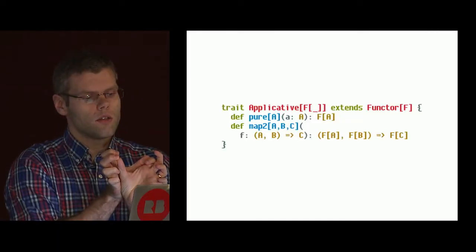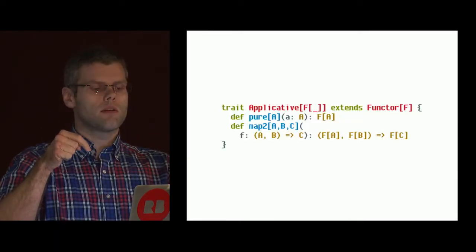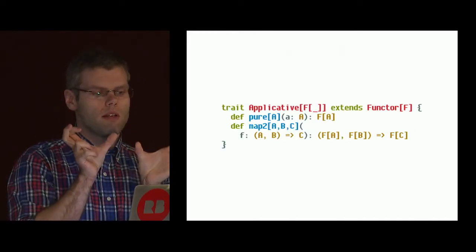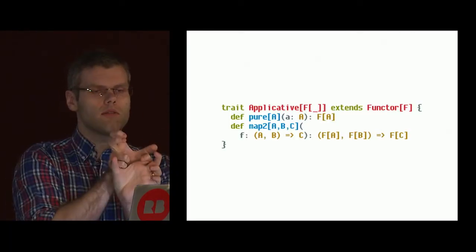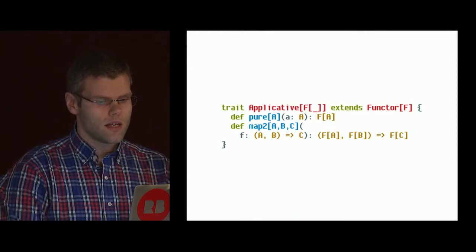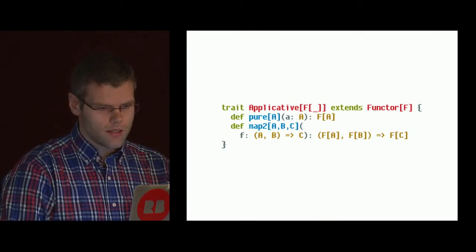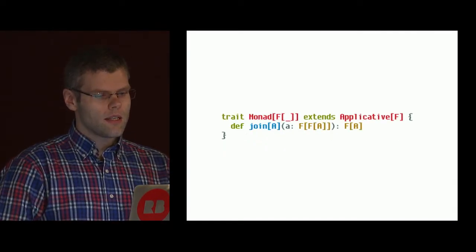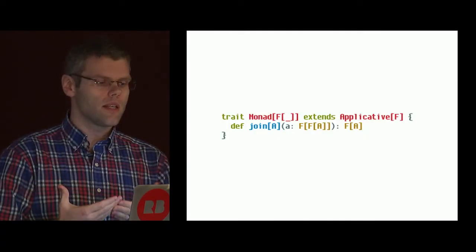And you can do so only if you have a function where you can combine the elements, the A's and B's in those two. If you can combine them into C's, then you can combine the f of A and f of B into a combined f of C. So you can sum them, or multiply them. And then an applicative functor that comes with one additional capability is a monad.